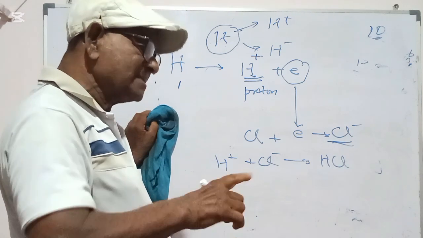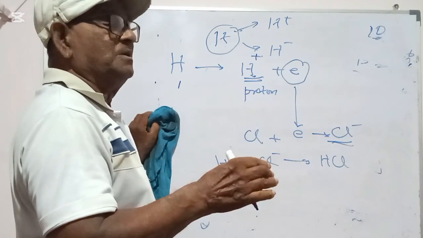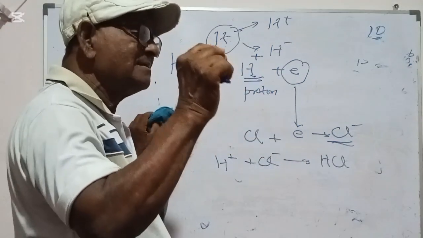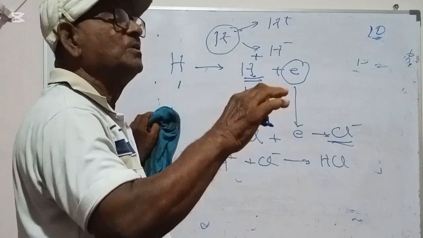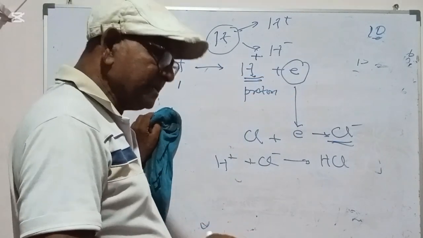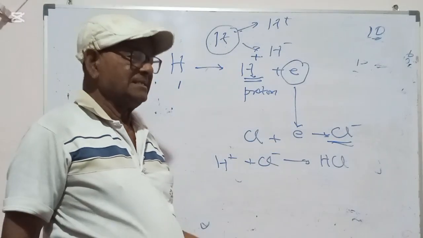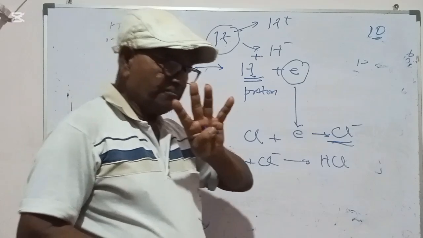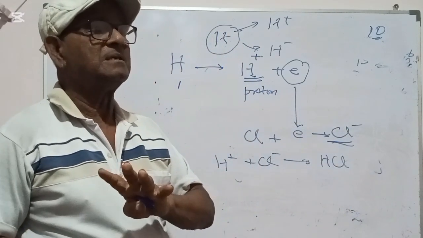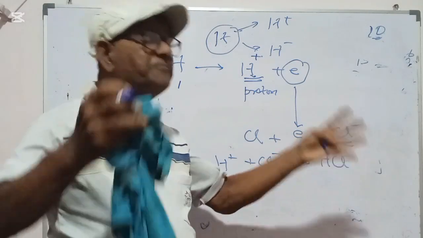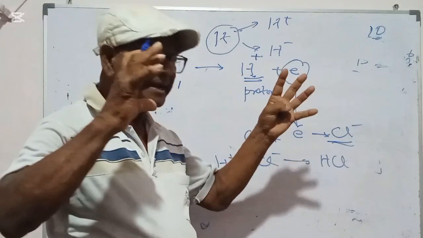Right? Because others can form only positive or negative, but the smallest one, hydrogen, has the ability to form positive or negative ions. Right? Now I think you are clear how the positive ions are formed and how the negative ions are formed. After that, they combine to form ionic compounds.